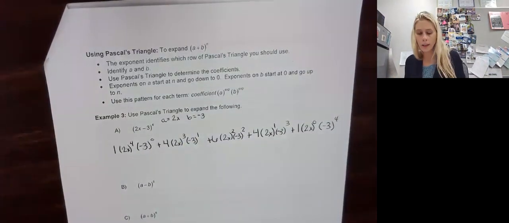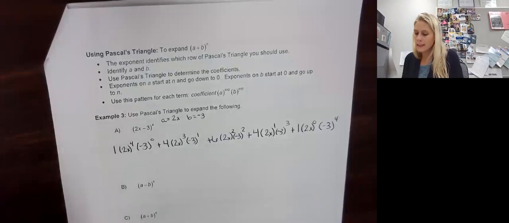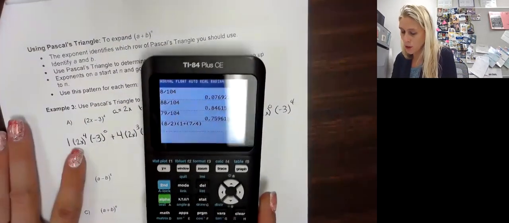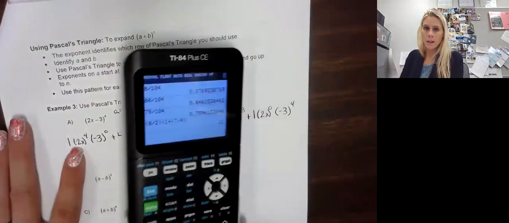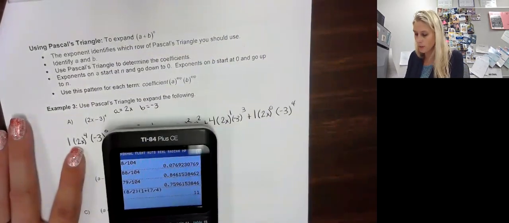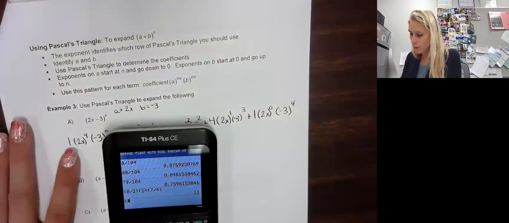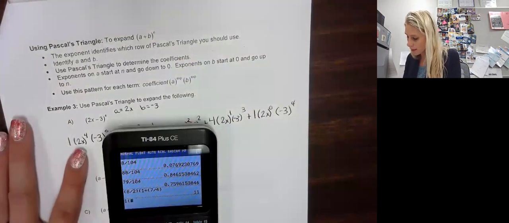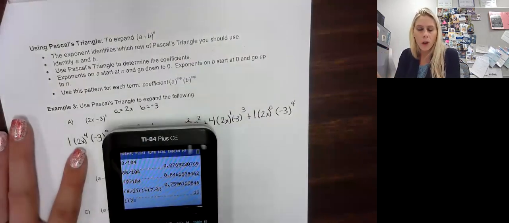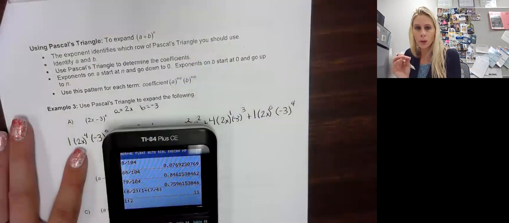Now, in your calculator, this is the best way I think you should go about it. Of course, I've got a higher calculator than you guys use, but you're still going to do it the same way. You're going to have your coefficient up front, parentheses 2. Now, do not use your variables because variables don't have a value. So you're just doing the numbers.